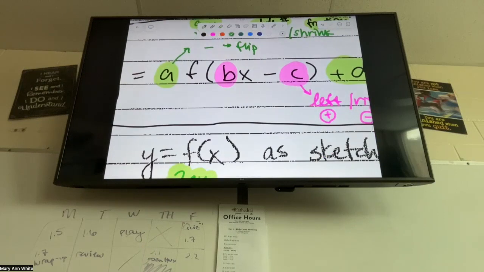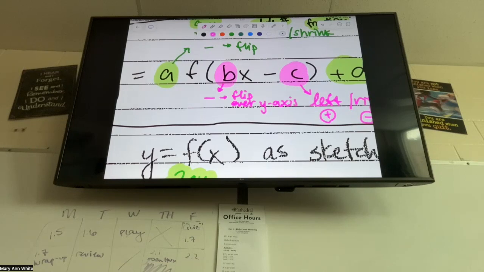If I have anything being multiplied on the inside, I maybe have 1 or 2 problems like that today. I think I have a negative. That also flips it, but when we flip, we think up and down, like over the x-axis. If I have a negative inside with my x where that B spot is, it's going to flip it left and right, essentially over the y-axis.